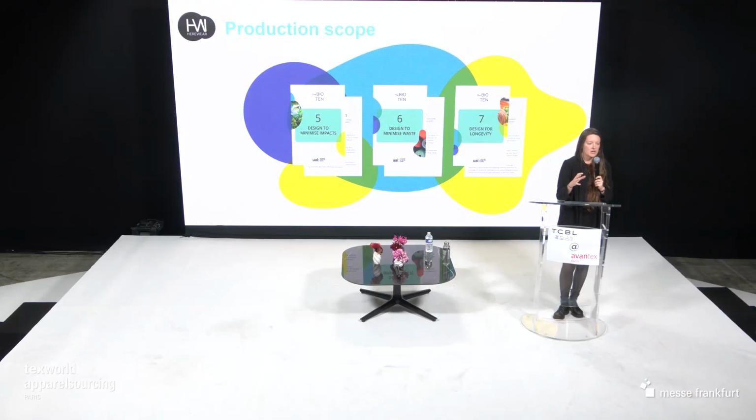And then in the production scope, this is where it gets quite practical. For instance, on number 5, design to minimize impacts, we've got things around sourcing, just making sure you've got the best possible criteria for the type of material that you use, thinking about energy use, for instance. Design to minimize waste. It was really useful for us to go through these one at a time and identify some differences where there might currently be some misunderstandings.